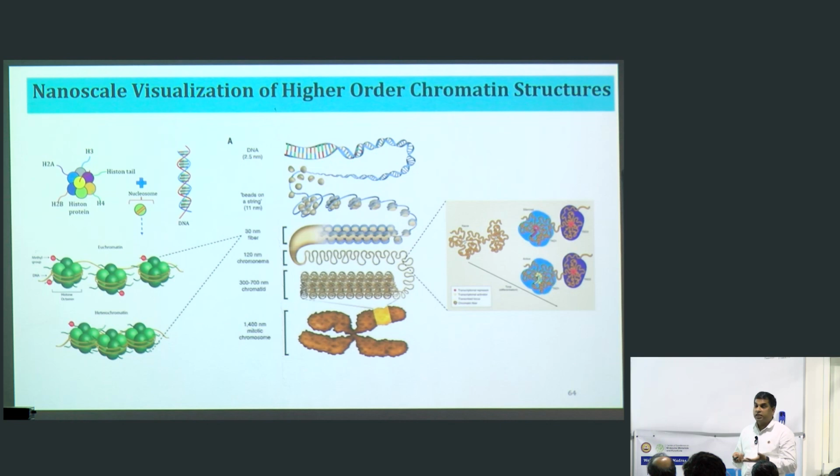We call it heterochromatin or euchromatin, which has a size of around 30 to 100 nanometer, and then finally you end up with a chromosome. So this is the understanding we tried to gain. In that case, carbon dot again was manipulated by simple click chemistry so that it can stain the DNA or the chromatin inside the nucleus.